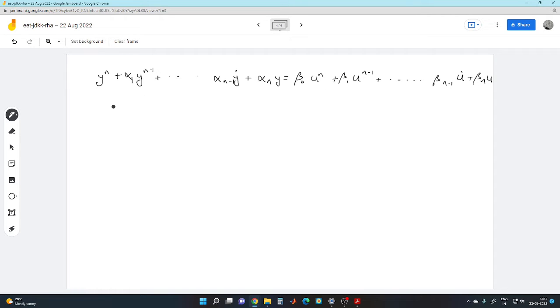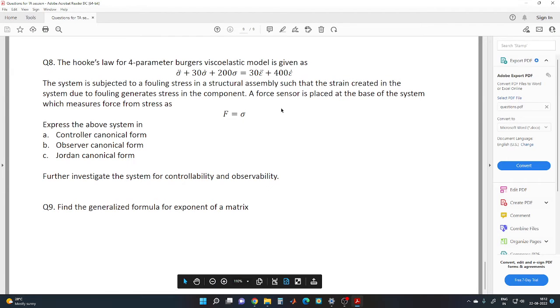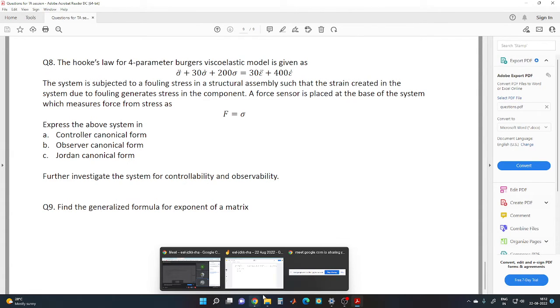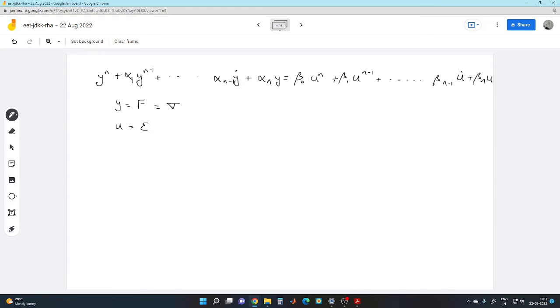So right now y is equal to F, but F is equal to sigma, so y can be written directly as sigma, and u is basically epsilon. The problem statement says that there is a fouling problem. Fouling is basically, if this is a beam, there is another object which can move in this direction.